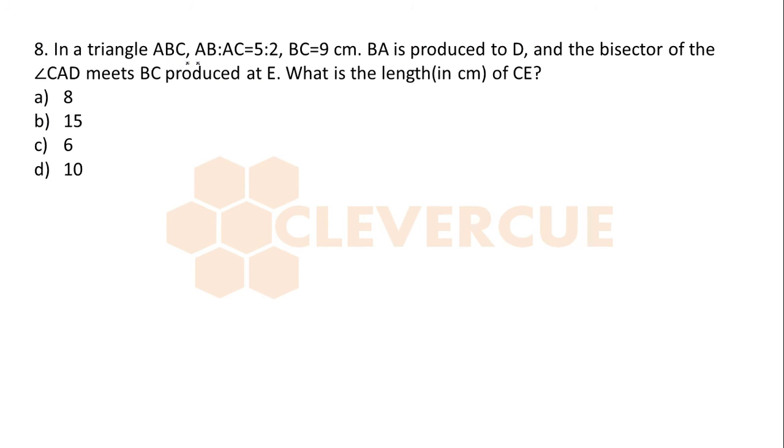In a triangle ABC, AB is to AC is 5:2, BC is equal to 9 centimeters, BA is produced to D, and the bisector of angle CAD meets BC produced at E. What is the length of CE? See, here also you have a triangle.